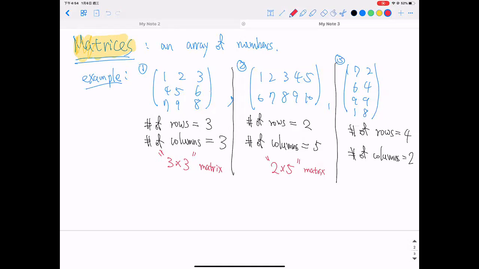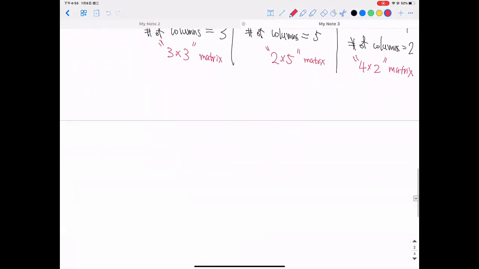And finally, the third example is a 4 by 2 matrix. Okay. In general, you can talk about m by n matrices.